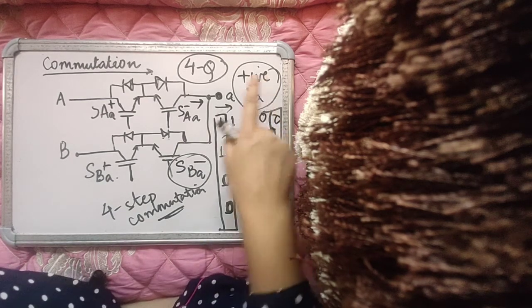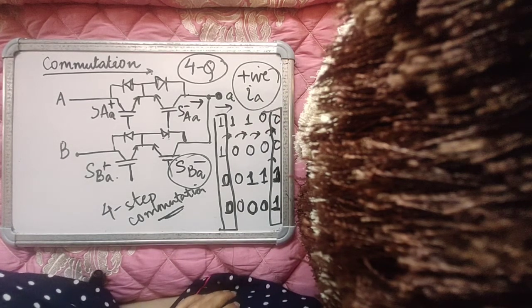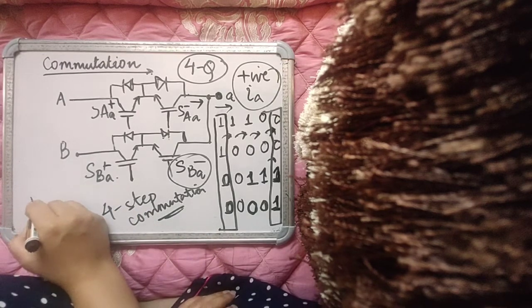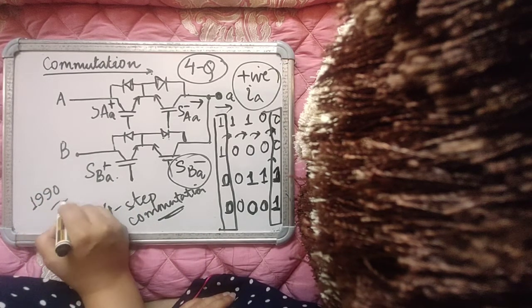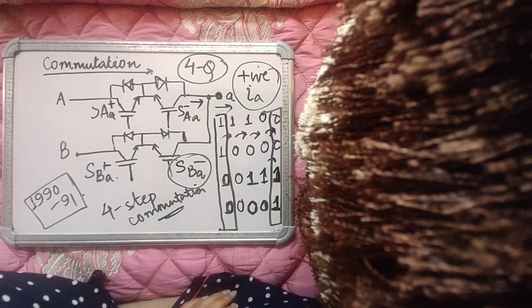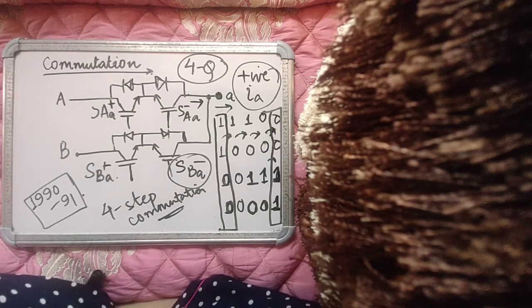Similarly, for negative IA, there will be another sequence, and I'm sure you should be able to work out that negative sequence yourself. 4-step commutation, I think, was given in the year 1990 or 1991 in a conference paper by a person called Burani. It was a single-author publication, and it really changed the way matrix converters were looked upon, because the commutation problem in matrix converters was a very big problem, as it was dangerous for the converter.